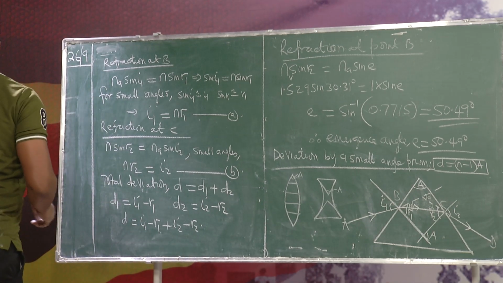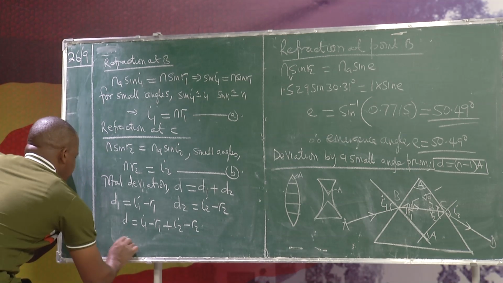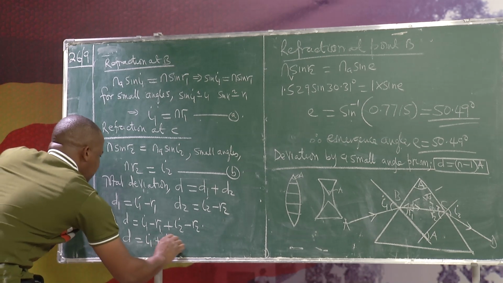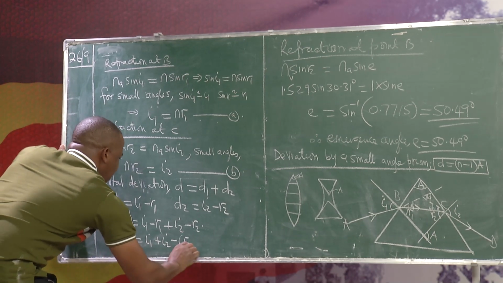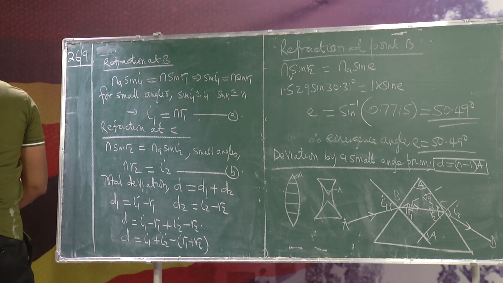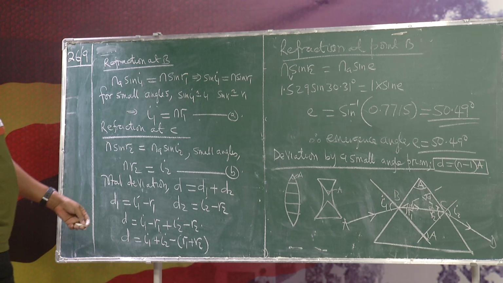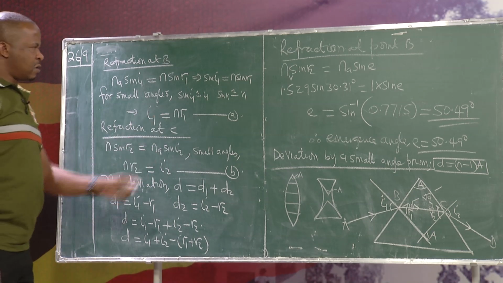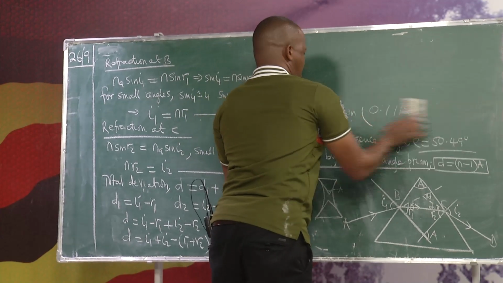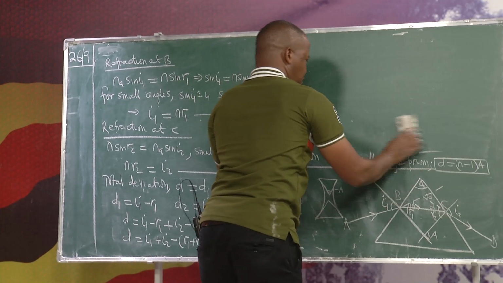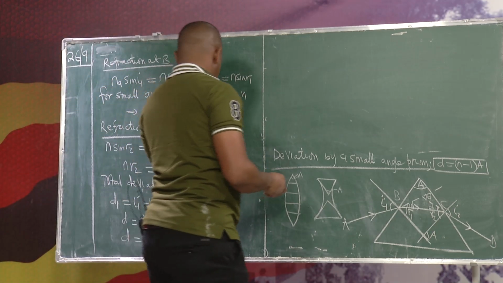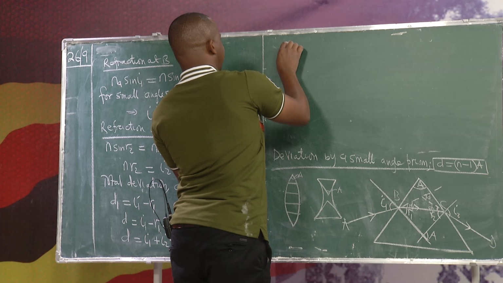But remember that if we collect like terms, I1 plus I2 minus R1 plus R2 is what we shall get over here. But we have I1 and I2. So if I substitute for I1 and I2, we should be able to get home and dry very soon.